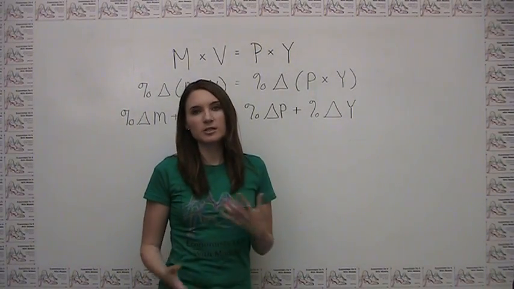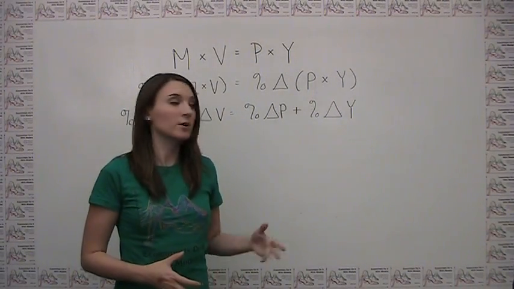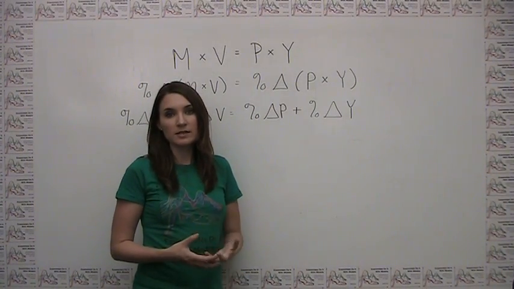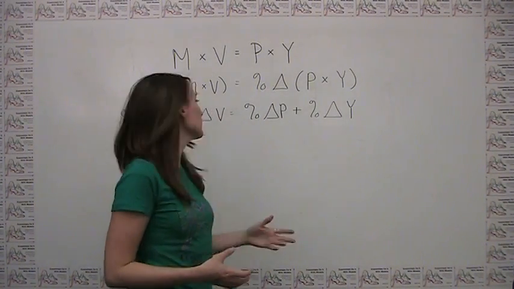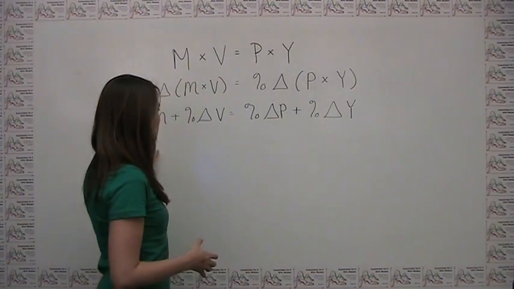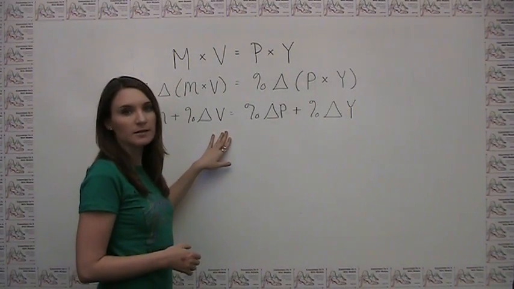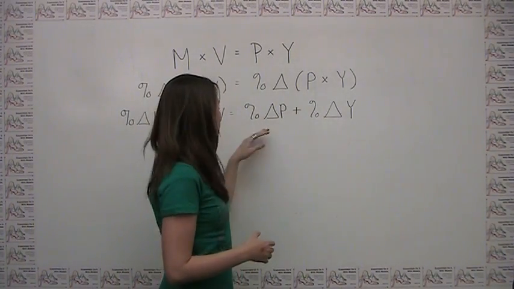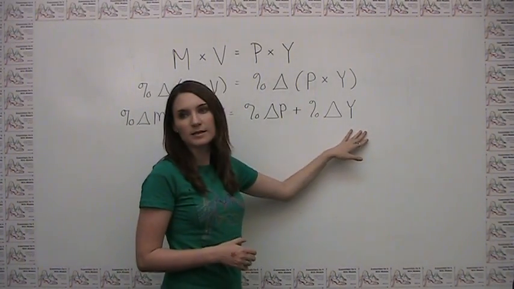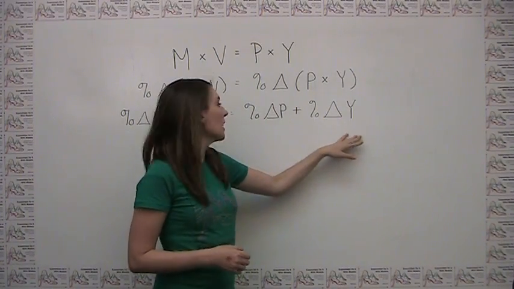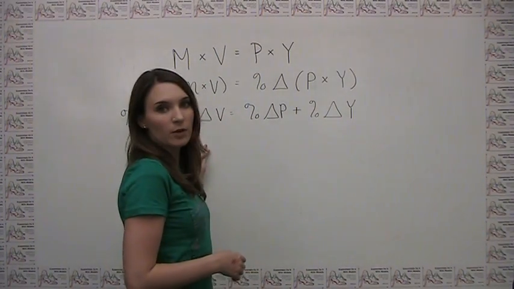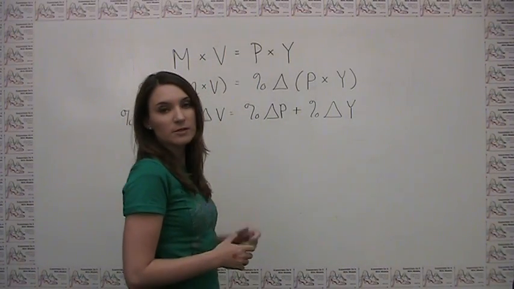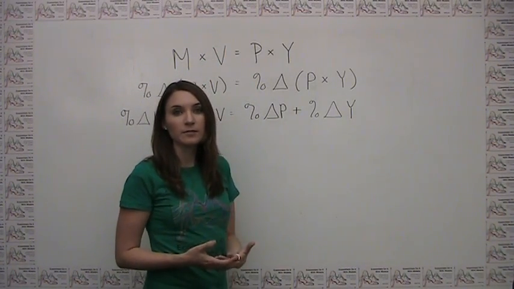The quantity equation can also be written in growth rates form, as seen here. As its name implies, the growth rates form of the quantity equation relates the percent changes in the money supply and the velocity of money to the percent changes or growth rates in the price level and in real output. As it turns out, the growth rates form of the quantity equation follows directly from the levels form that we originally started talking about.